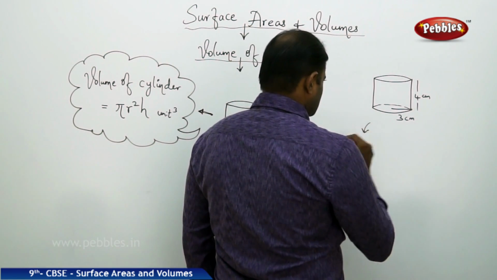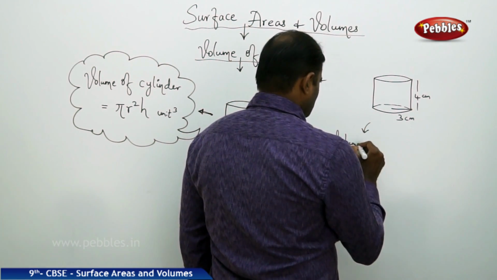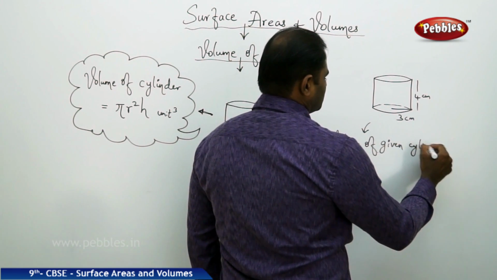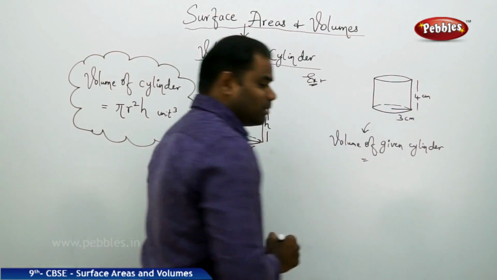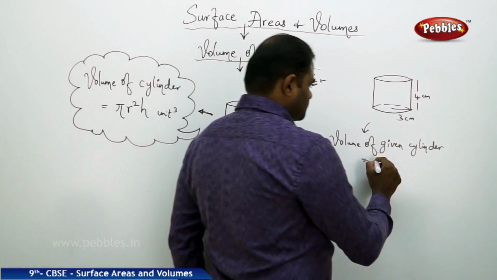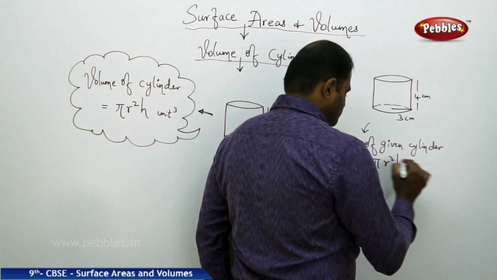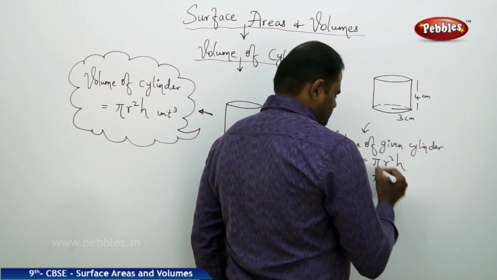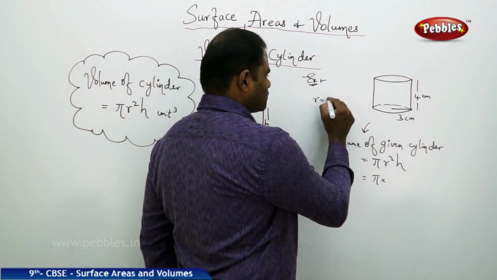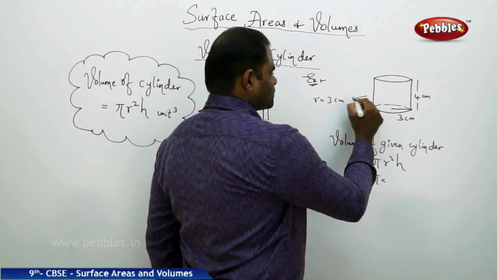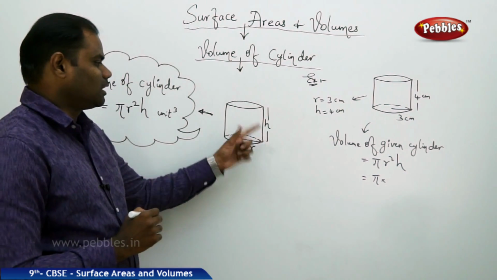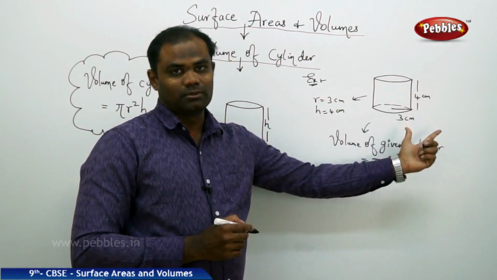So in this case, volume of the given cylinder is given by the formula as we have taken here, pi r square h. So pi and r square, we know that the radius here is 3 centimeters and the height h is 4 centimeters when compared with r and h of the given problem.